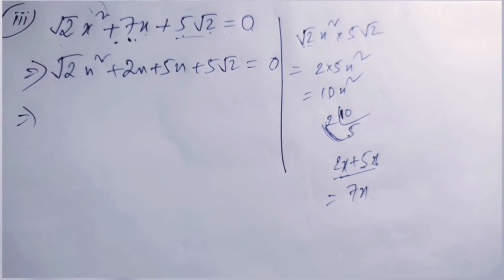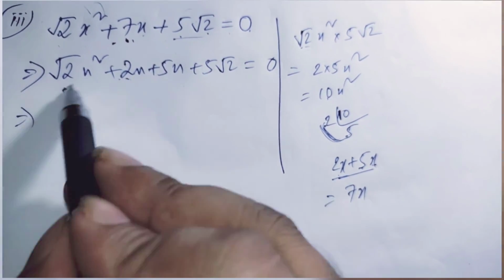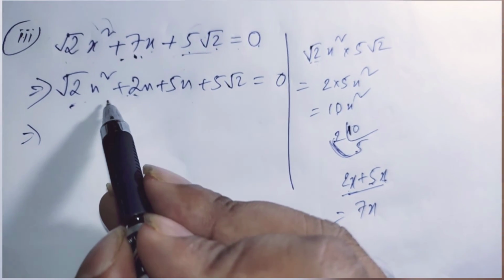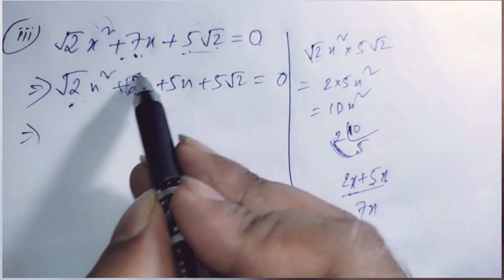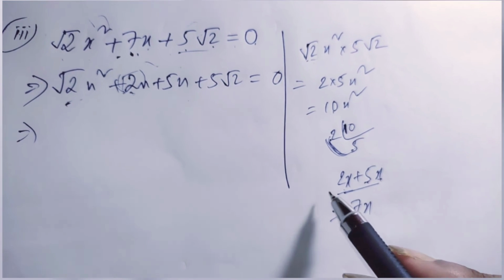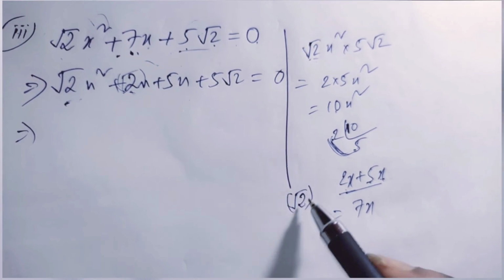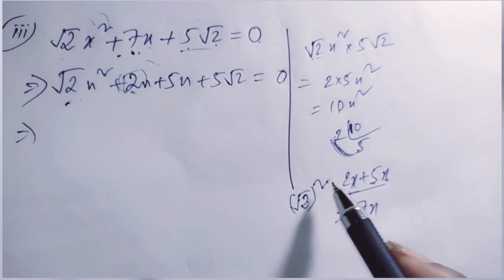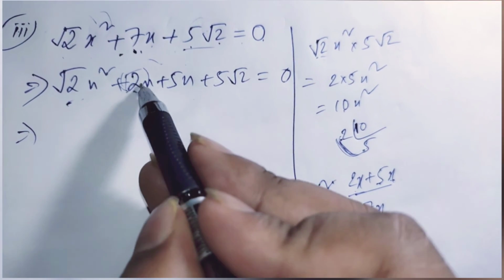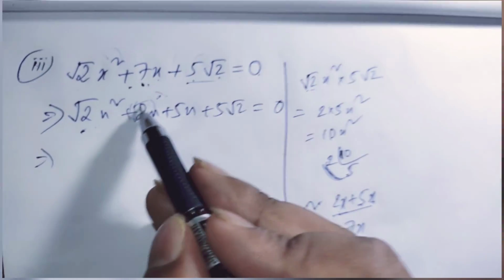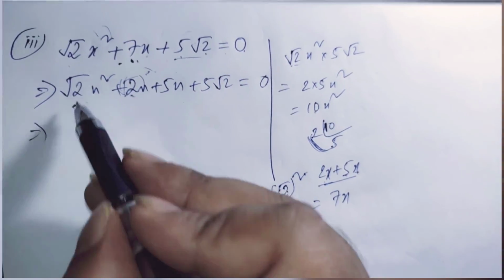So now we have to take common from the first two terms. Here we can apply one trick. 2 can be written as root 2 squared. So if we assume this 2 as root 2 squared, here is 2 root 2 and here is 1 root 2.